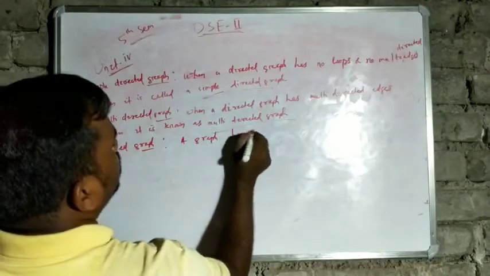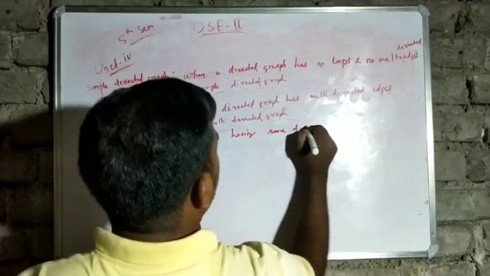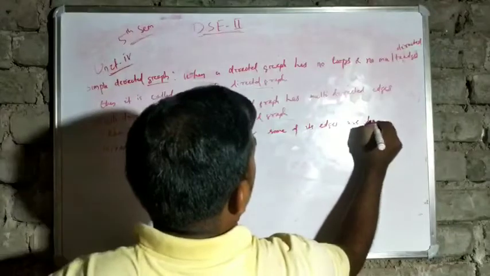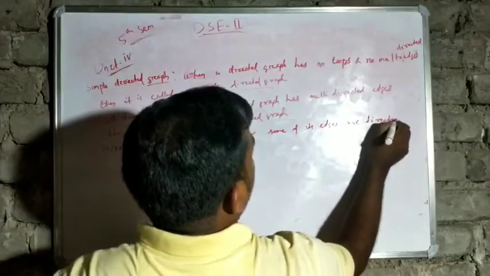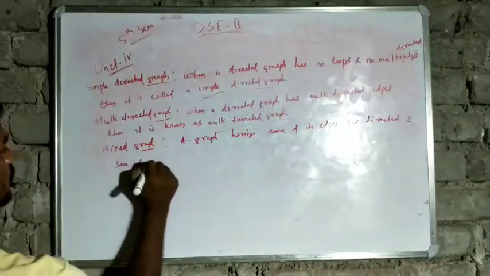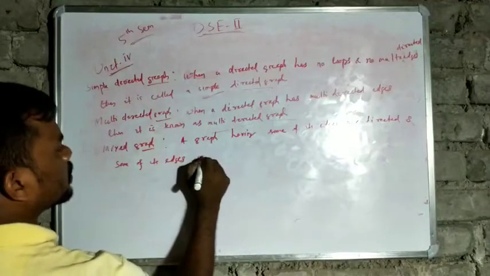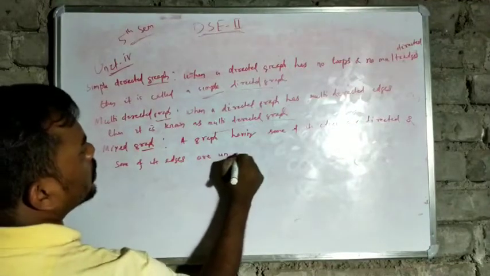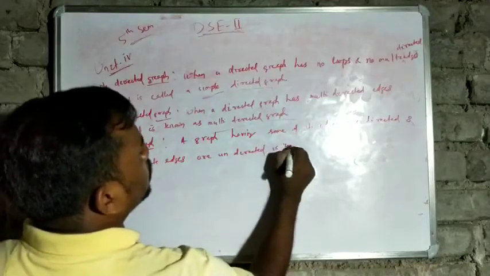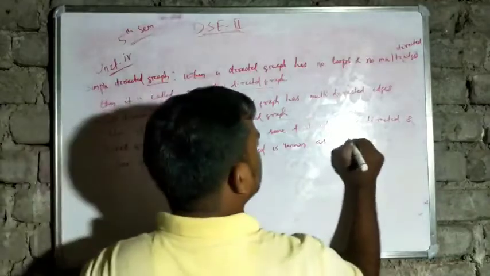A graph having some of its edges directed and some of its edges undirected is known as a mixed graph.